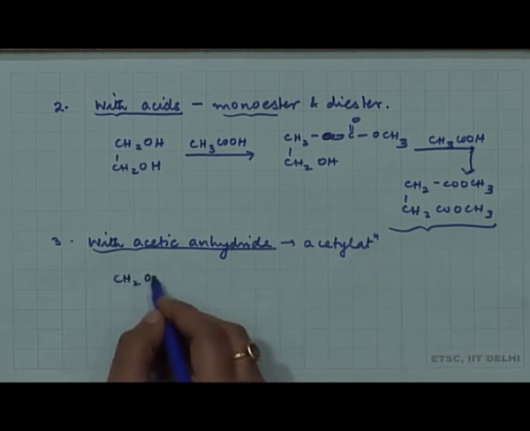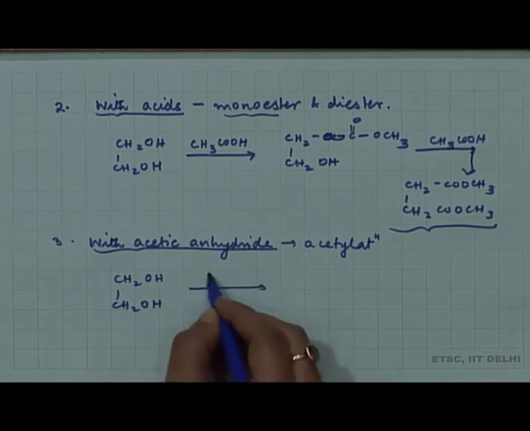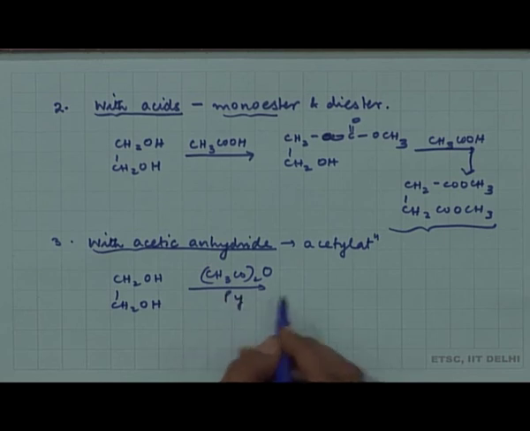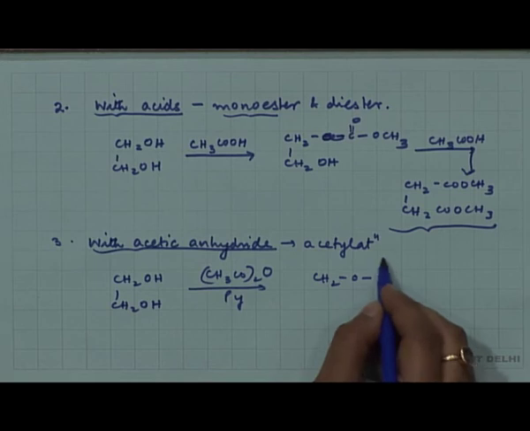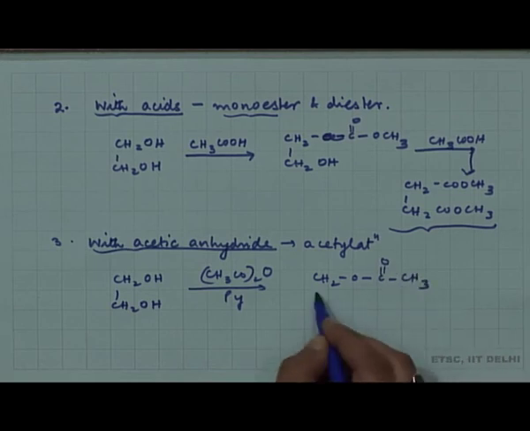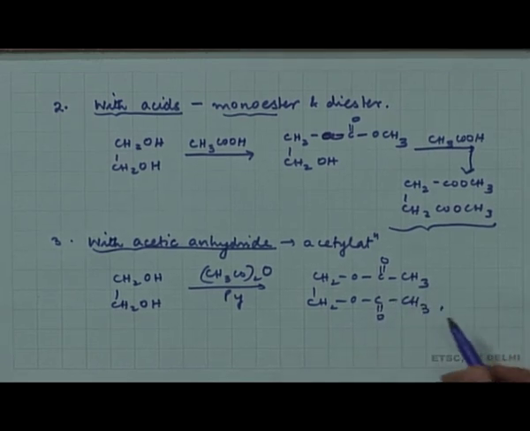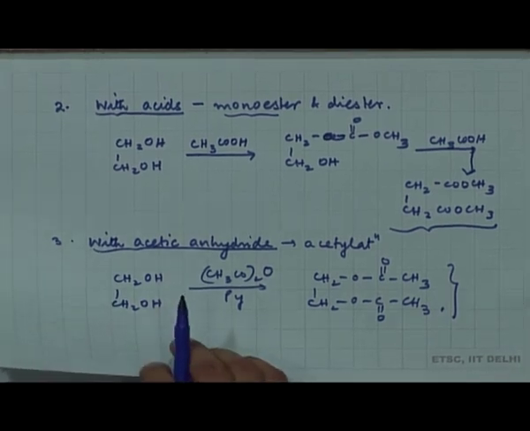So, you start with glycol, treat it with acetic anhydride in the presence of pyridine, and you get the diacetylated compound. All these are reactions also known with alcohols. There is nothing new which we are studying, except for the fact that these now involve a 1,2 diol system.